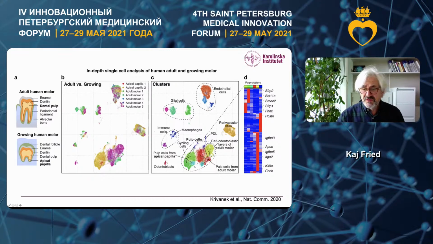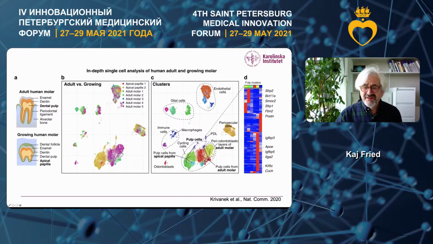And this can be seen more in detail in this parallel image where it's written out exactly where they are. So these cells are from the apical papilla in a growing tooth, and this is the adult molar here. So the issue would, of course, be, are these similar to what is seen in the mouse?